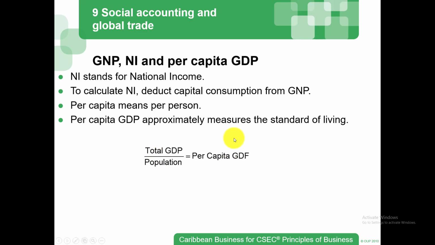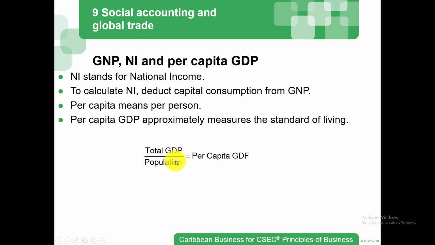As you can see, the formula for GDP per capita is total GDP divided by the population. So let's say GDP is 100, and you have a population of 50. Then you put 100 divided by 50, and you get 2. So GDP per capita would be 2. That's the formula: total gross domestic product divided by the population.